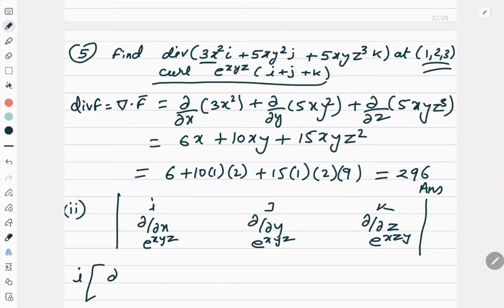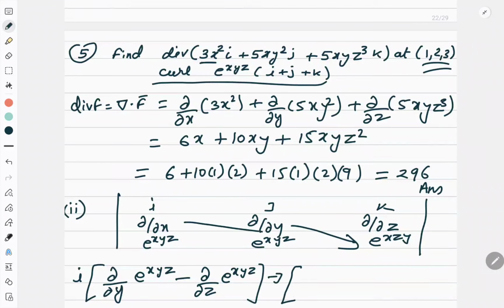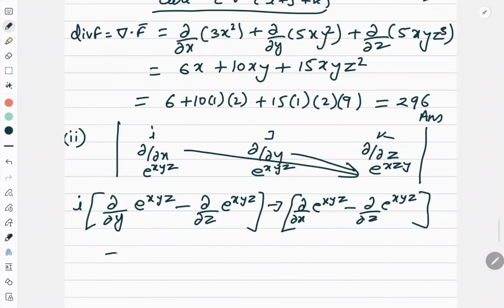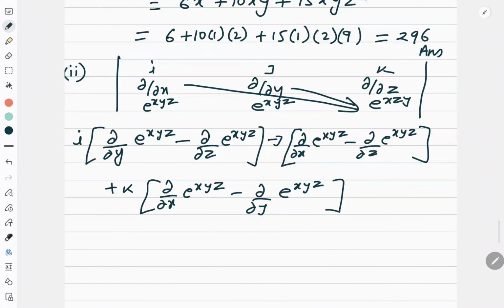So i times dou by dou y of e to the power xyz minus dou by dou z of e to the power xyz, minus j times dou by dou x of e to the power xyz minus dou by dou z of e to the power xyz, plus k times dou by dou x of e to the power xyz minus dou by dou y of e to the power xyz. Correct?